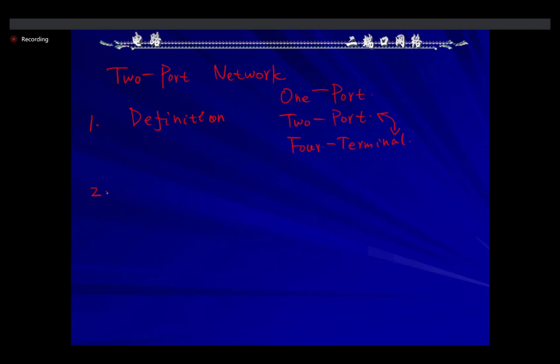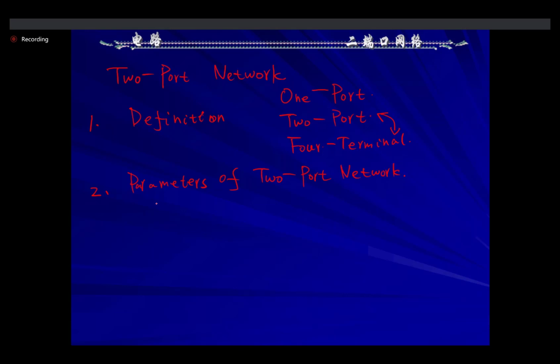And then we introduced the parameters of the two-port network.